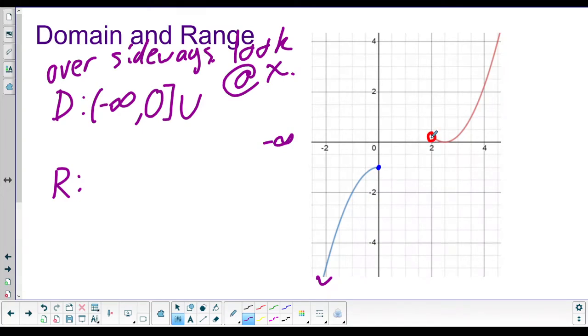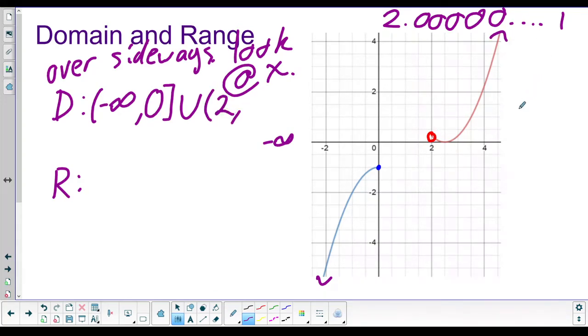It's like 2 point, and then infinite amounts of zeros, and then a 1, right? But not quite 2. It's barely not 2. So we put a parenthesis to show that we don't get to the 2, and then this thing continues to the right forever, because there's an implied arrow, and this goes to infinity.